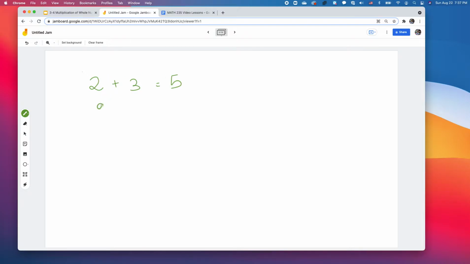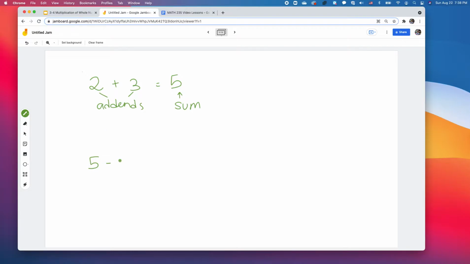These two are called addends because the order doesn't matter. Both are added, right? And the answer here, what do we call that? Yes, very good. Sum.